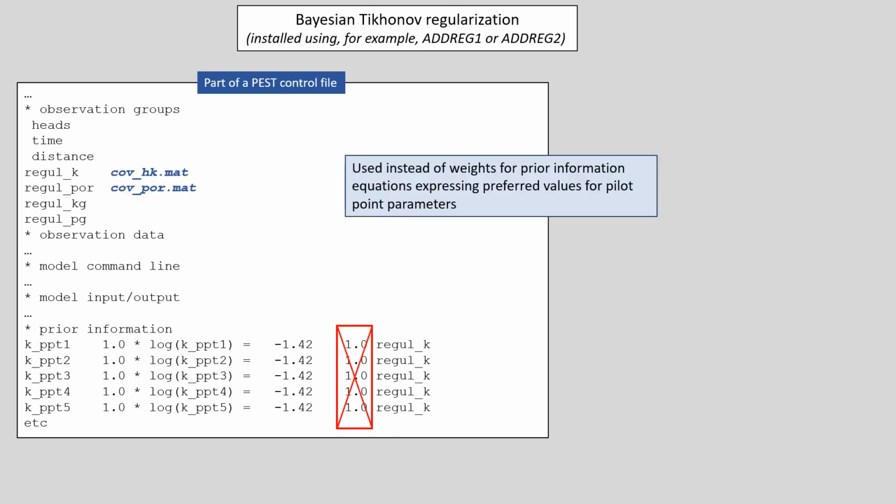To do that, we can add the name of a covariance matrix file to the observation groups section of the PEST control file. We write the name of the pertinent covariance matrix file next to the name of the observation group that is assigned to the pertinent prior information equations. Then PEST uses the covariance matrix instead of weights.